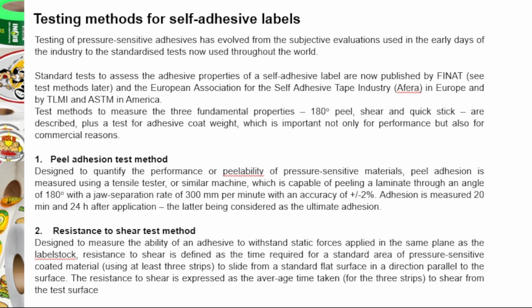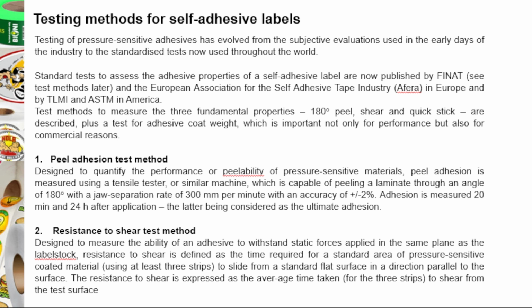Test methods to measure the three fundamental properties, 180 degree peel, shear, and quick stick, are described, plus a test for adhesive coat weight, which is important not only for performance but also for commercial reasons.